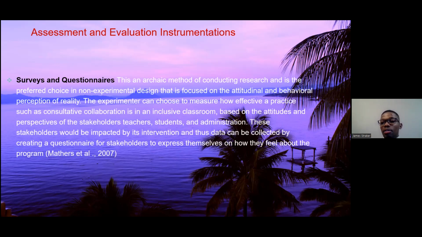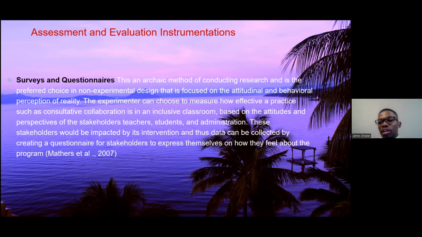And here we're going to collect data at one point. So what this does is allow us to ascertain the current opinion, the current attitude, the current practices that are happening. Also, let's say we want to know what the students' beliefs are of this whole collaboration, because they will be experiencing it.